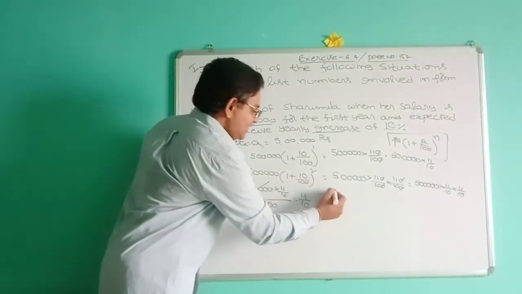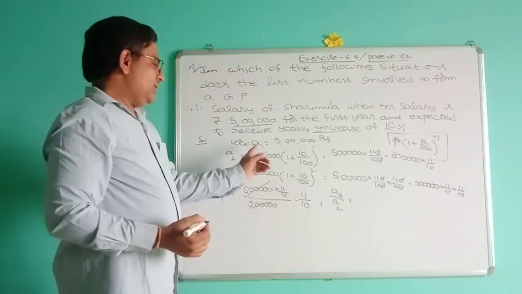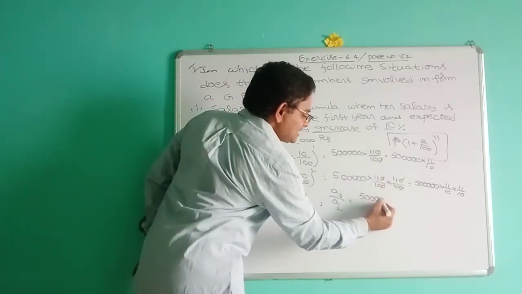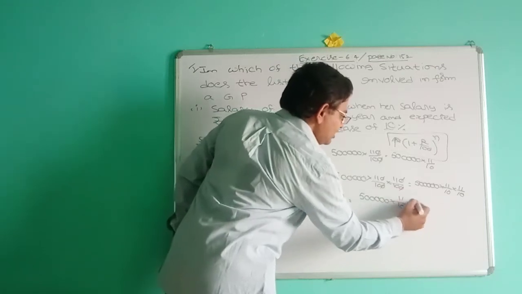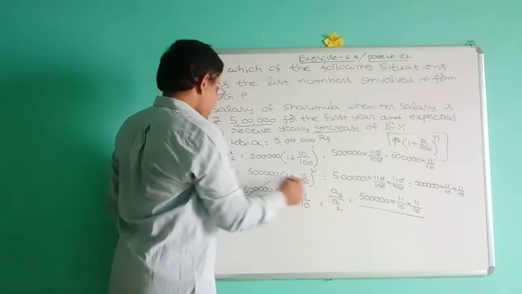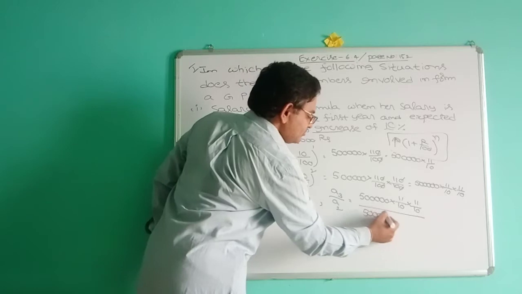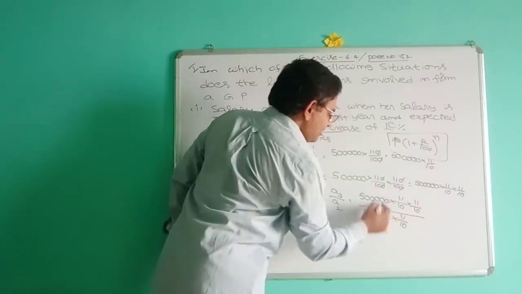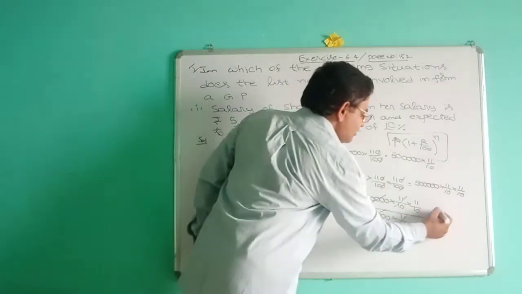Similarly, find A3 by A2. A3 means 5 lakhs into 11 by 10 into 11 by 10, whole divided by A2. A2 means 5 lakhs into 11 by 10. 5 lakhs and 5 lakhs, and 11 by 10 and 11 by 10 get cancelled. How much are you getting?